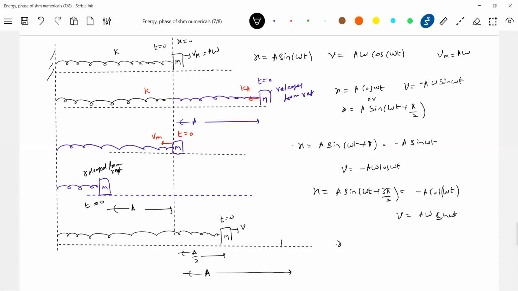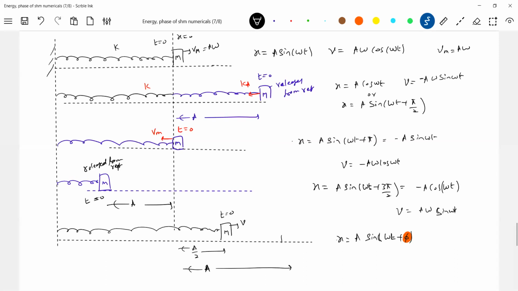X is equal to a sine of omega t plus an unknown phase that we have to determine. If you're getting confused, you can write delta or any symbol. This unknown thing which has to be determined is called the phase. At t equals 0, what is the value of x? This is what we define: x equals 0, and this is x equal to plus a.